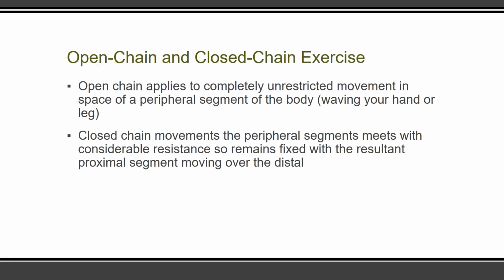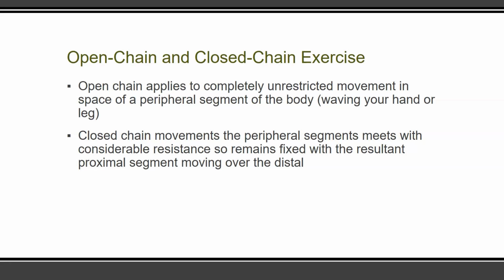Okay, the last thing is something called open chain and closed chain. So this might be new to some of you and not to others. When we look at this as a bit of a philosophy, this has to do with movement in the realm of the body and outside the body. Open chain applies to completely unrestricted movement in the space of a peripheral segment of the body, such as waving your hand or leg in the air.